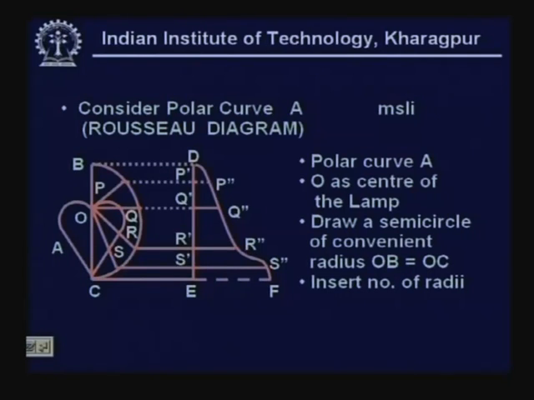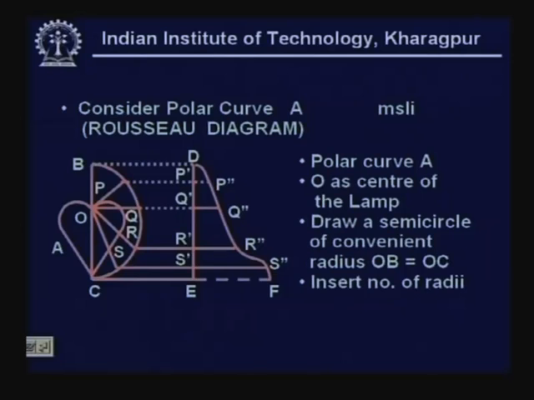Like here, we have a polar curve given for a lamp, marked curve A. Incidentally, the lamp is placed at the point O and the curve takes the shape of a heart.